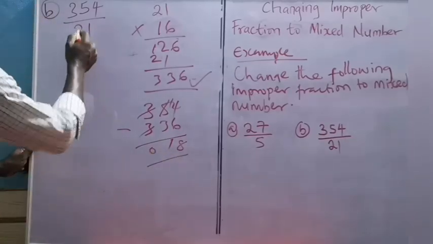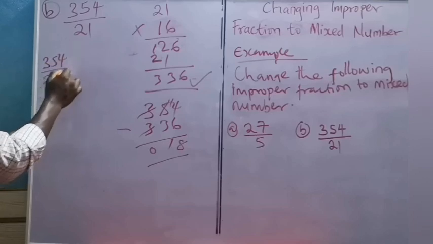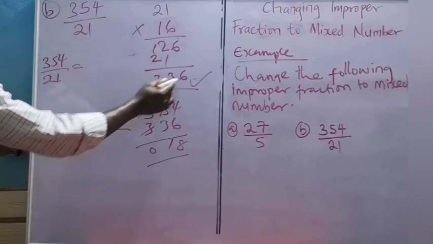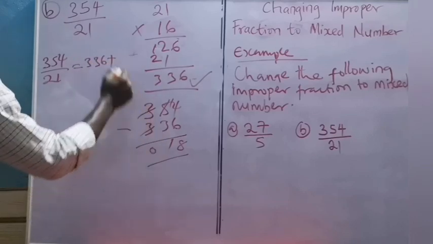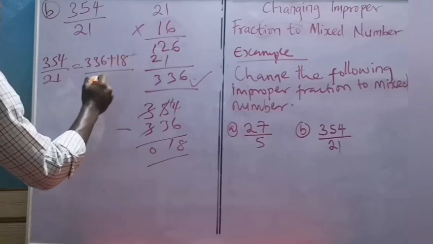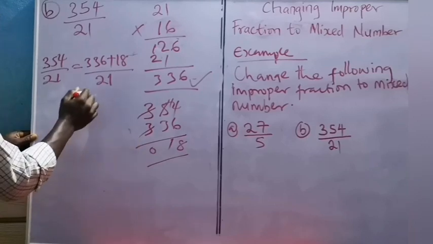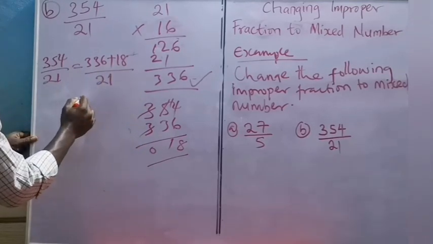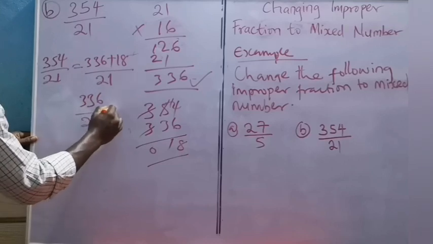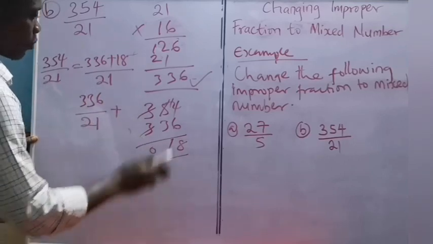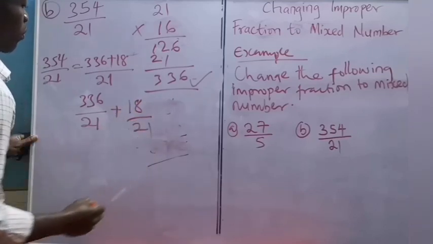Okay, so we are going to write 354 all over 21 as the same as the number we have here, 336 plus 18 all divided by 21. Okay, so we can now split it so that we now have 336 divided by 21, then plus 18 divided by 21.